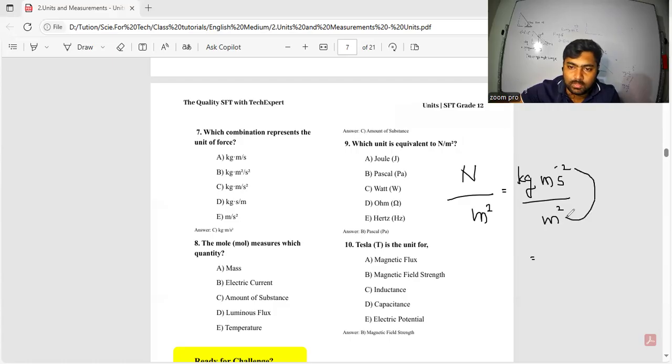So you can bring this to the upper side. Sorry, I made a mistake. When this comes to the upper side, it becomes kg m^-1 s^-2. So this is equal to Pascal.